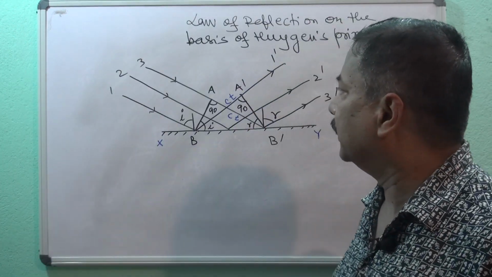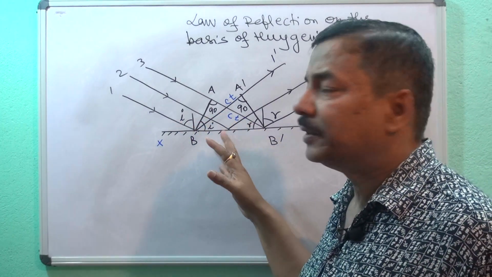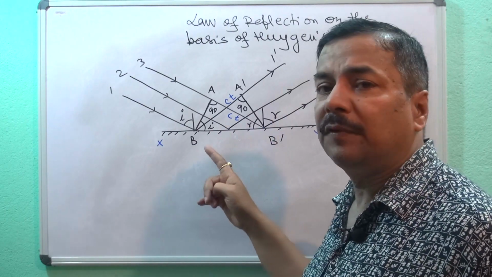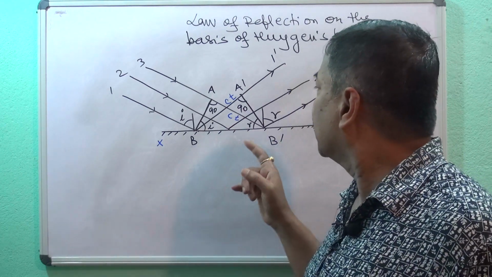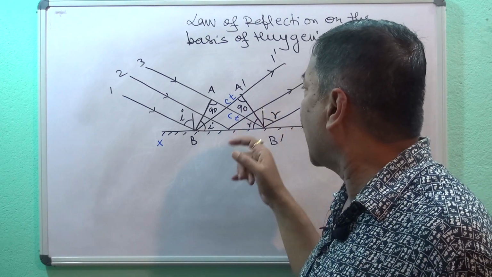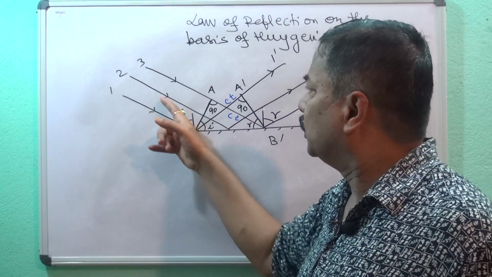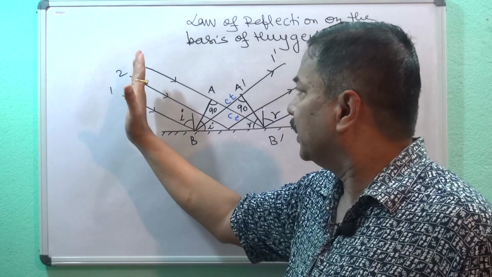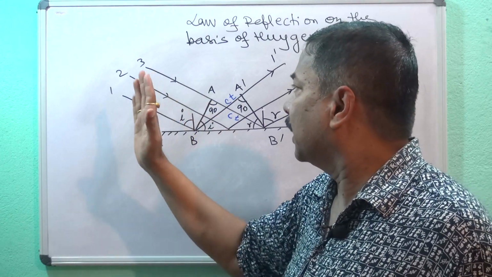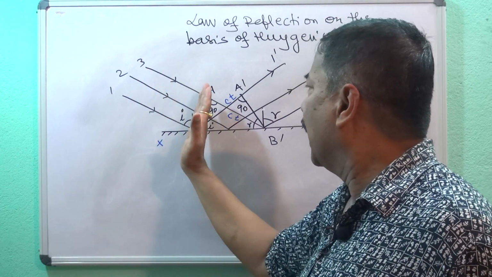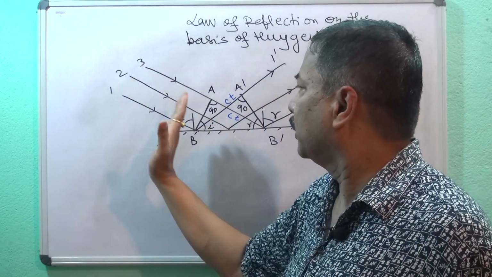Here try to understand. I am trying to prove the law of reflection on the basis of Huygens principle. What is law of reflection? Law of reflection is angle i is equal to angle r. 1, 2 and 3 represent your incident wavefront. The wavefront is perpendicular to the plane of the board.